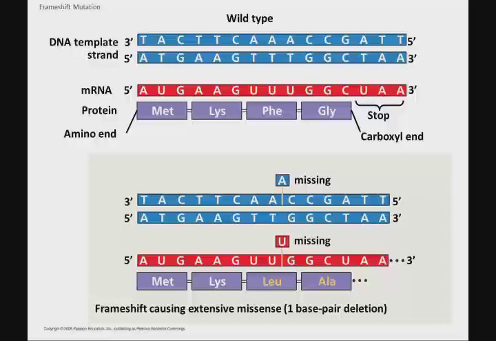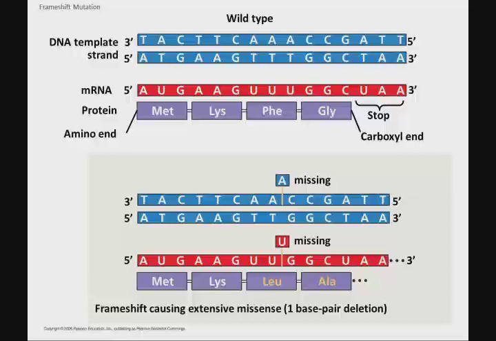That G used to be the first nucleotide in the glycine codon, and now it's the last nucleotide in the previous codon, and now you get leucine instead of phenylalanine. Now, not only have you changed the phenylalanine to leucine, but you've shifted everything over, and now the next codon to read, instead of being GGC, is GCU. And alanine is encoded. And now you've erased, in essence, your stop codon.